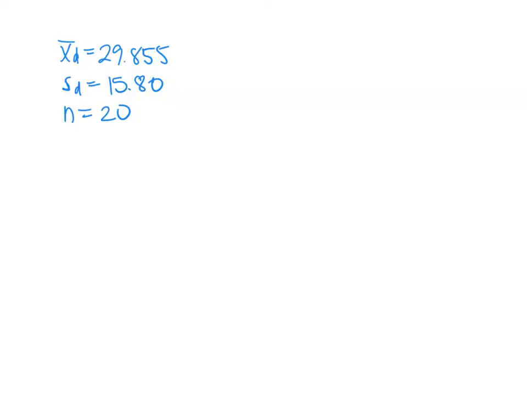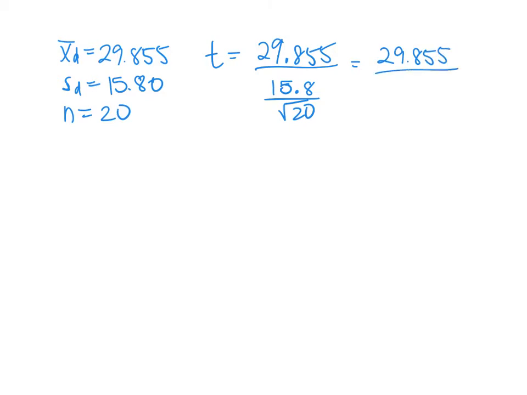Okay, so here is our data from one of our stats. I'm also going to show you how we would do this in the calculator. So if we do this by hand, t equals 29.855 minus 0 divided by 15.8 over the square root of 20, which is 29.855 divided by, in your calculator, do 15.8 divided by the square root of 20.